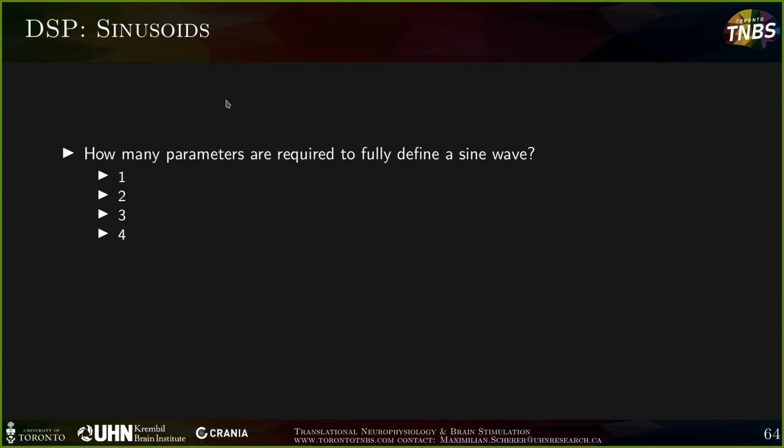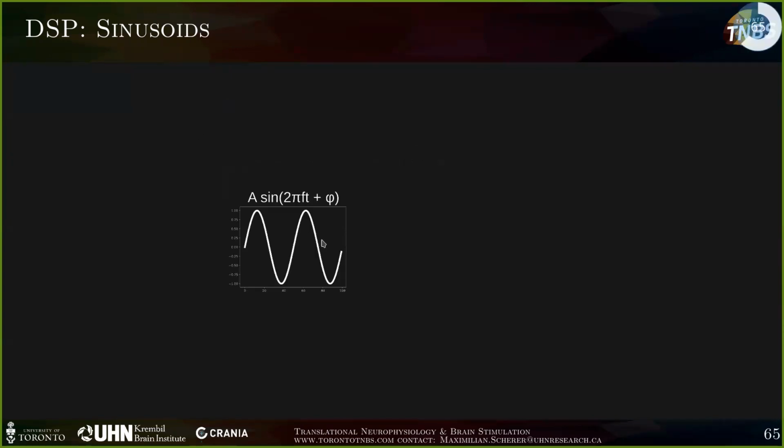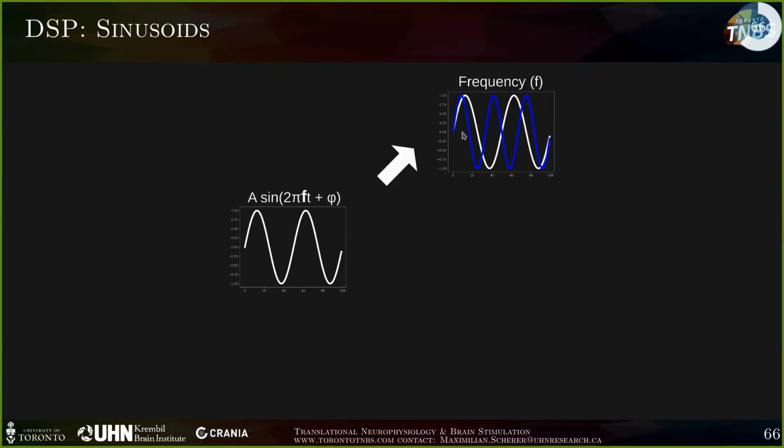But therefore, a little repetition on that. Let's say we have our sinusoid here, and that's the function defining our sinusoid. We have a frequency in our sinusoid, which defines how often the thing loops within a certain time frame, in this case usually within a second. The frequency is defined in hertz, which means that if you have a frequency of 20 hertz, you have 20 full loops within 1 second.